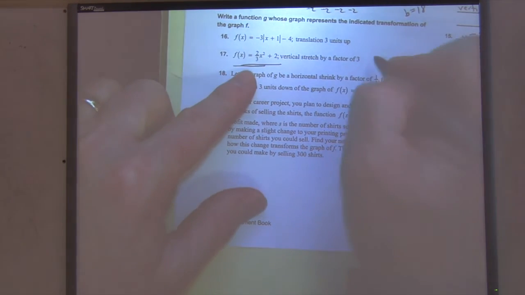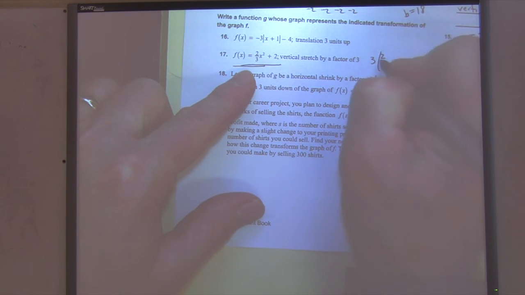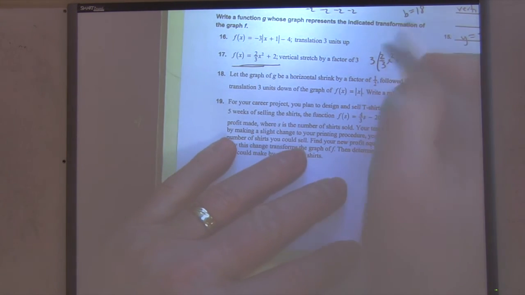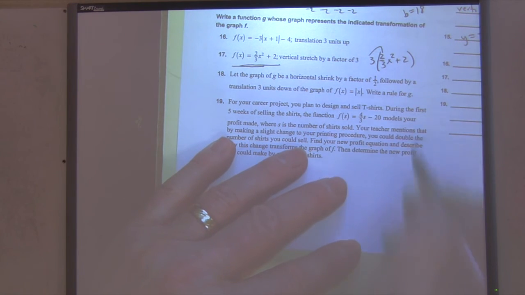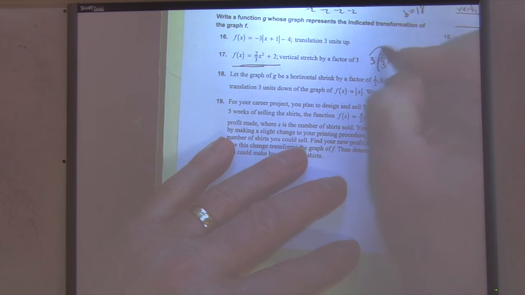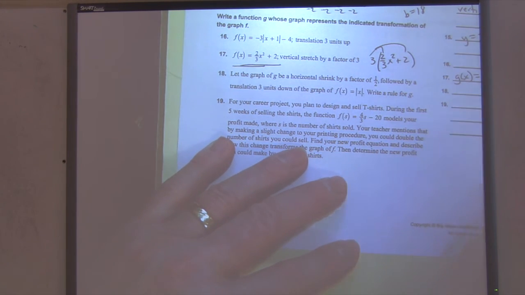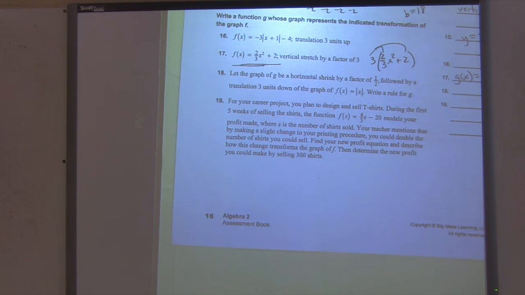And so that would tell us to take 3 and multiply it by the whole thing. And so when I multiply 3 times 2/3, well, that would be 6/3, or the 3's cancel, so we get 2x squared. So g of x equals 2x squared, and then 3 times 2 is 6, and we get +6.